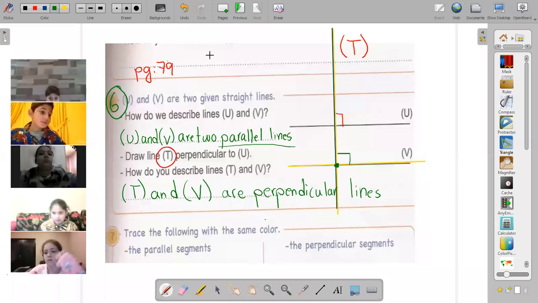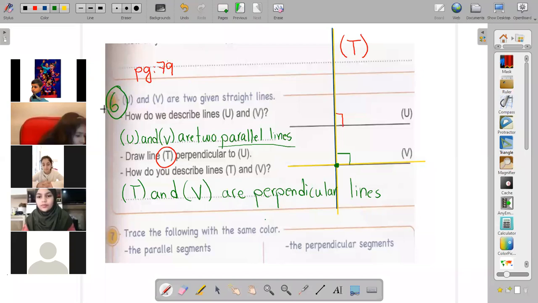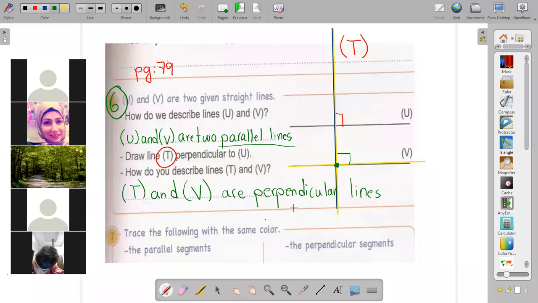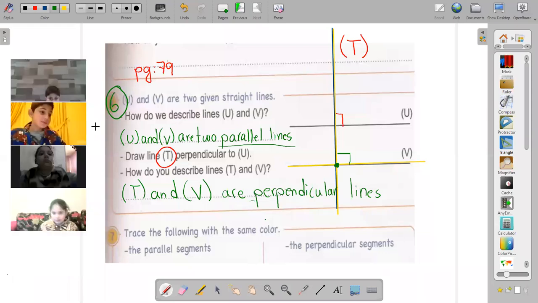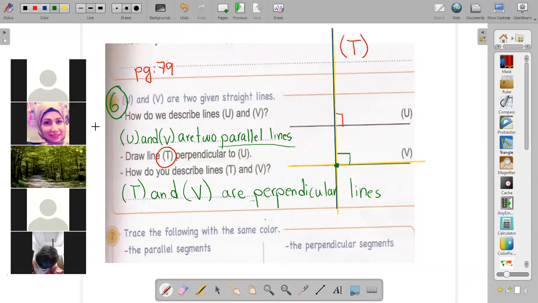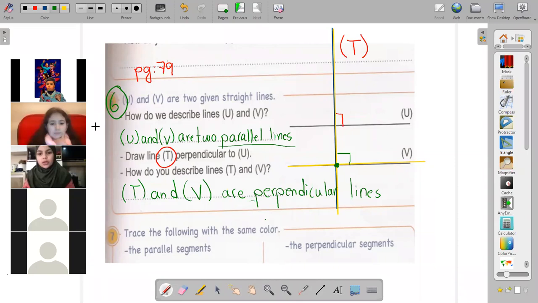Yes, because they form a right angle. The word perpendicular means they intersect at a point and they form a right angle. But the word intersecting doesn't mean that they form a right angle, it just means they intersect at a point. So we have to say perpendicular lines, not just intersecting.